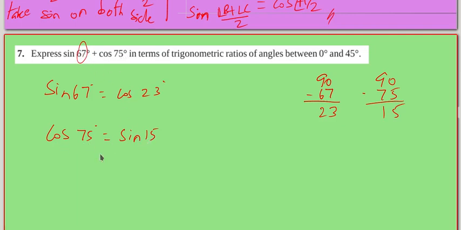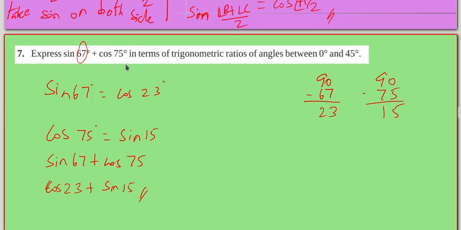So sine 67 plus cos 75 is nothing but cos 23 plus sine 15. Both angles are coming between 0 and 45 degrees.